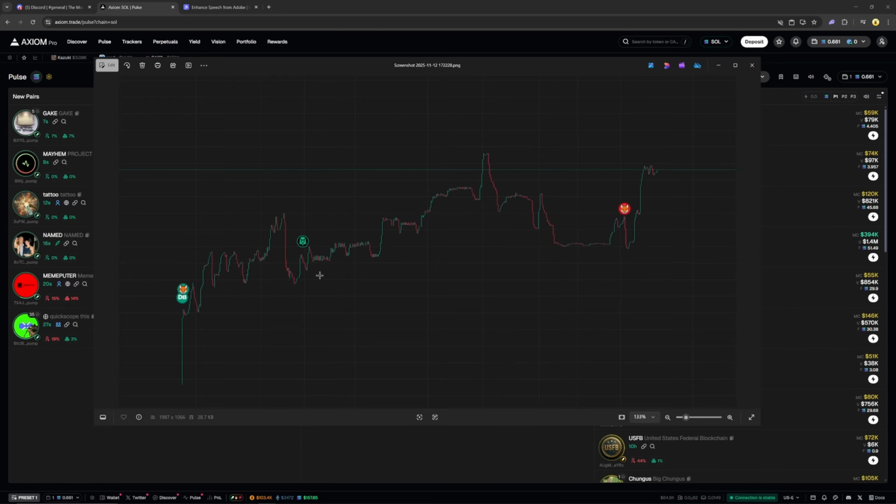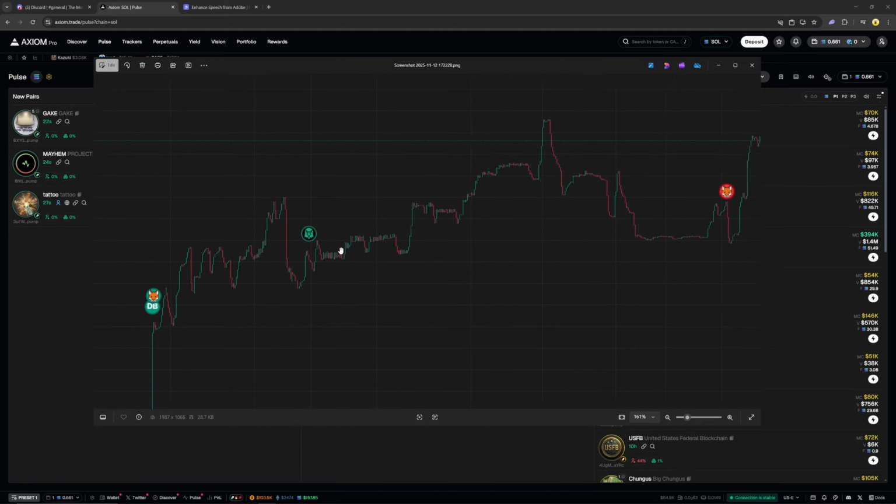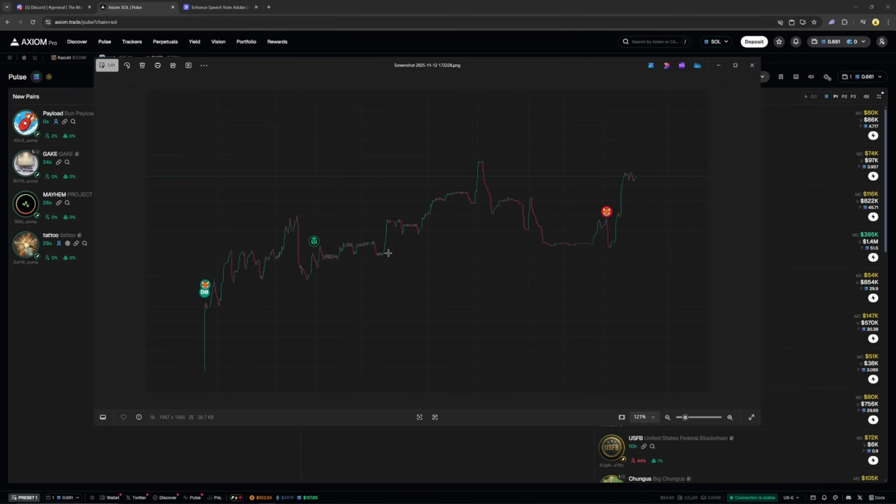And as I said previously, if the dev is still holding, that means that the coin is probably going to rug. So you can see when the dev bought, the coin gained little to no traction, and it went up very slowly. So you can see here, these candles are basically fake candles, and the person who's holding this coin, the dev, is just waiting for people like yourself to buy in so he can sell at a better price.